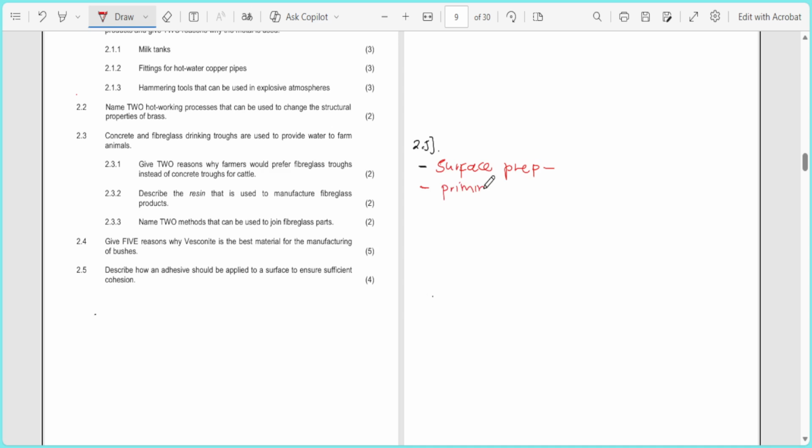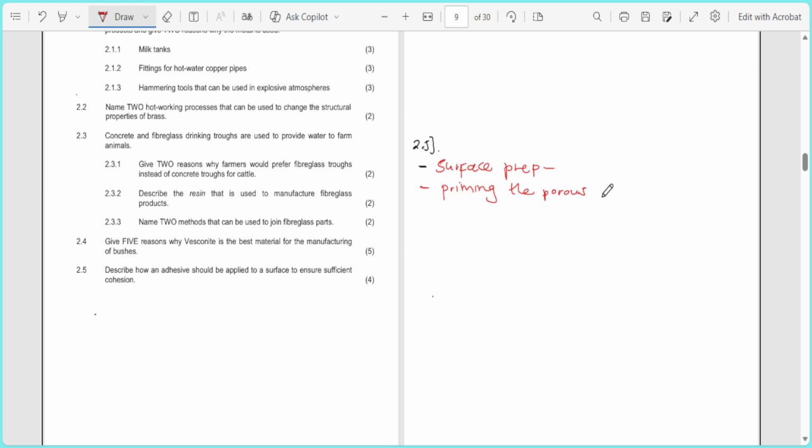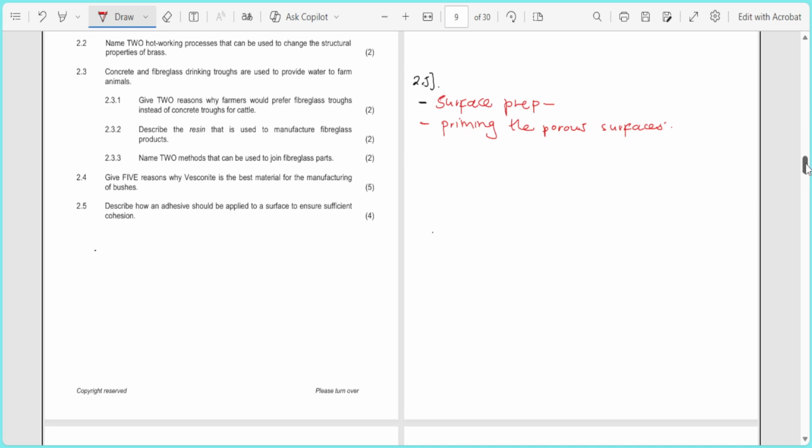The next step would be priming the porous surfaces. I'm writing in bullet point form because where I'm writing, it keeps flashing, and I don't want that.